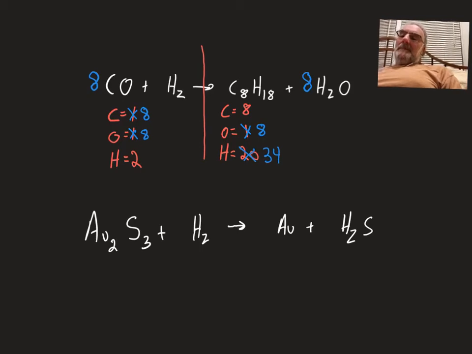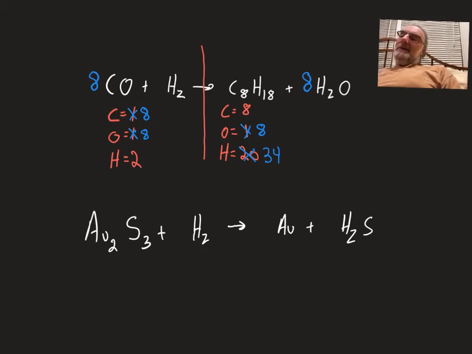Great. So I'm good with the carbons, I'm good with the oxygens, but I am nowhere near good with hydrogens. In order to balance that equation, I look at the reactant side again and go to the hydrogen. You can see on the left side I've got 2 hydrogens and I need 34. So what do I need to do?